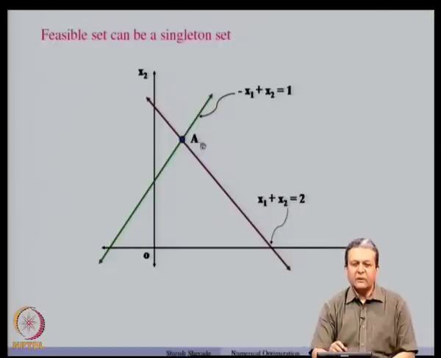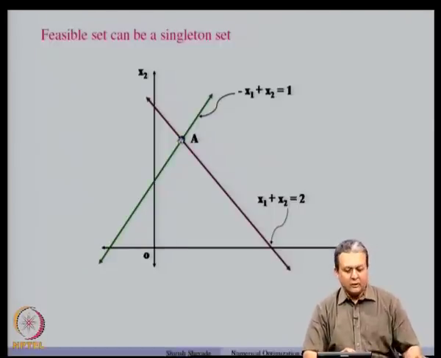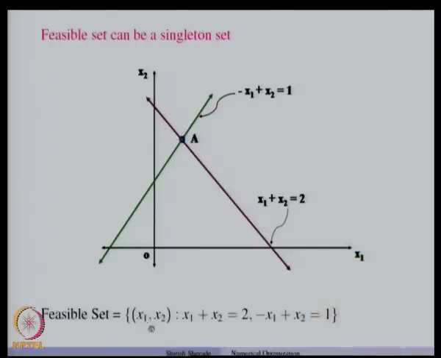Now, the intersection of these two affine sets is a point. So, the set of all x1 x2 which satisfy both is only the point A, and therefore the feasible set can also be a singleton set.